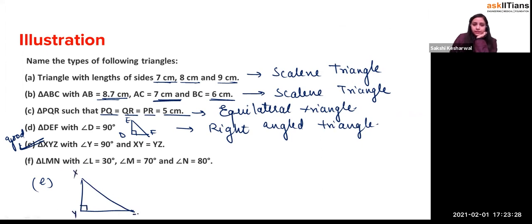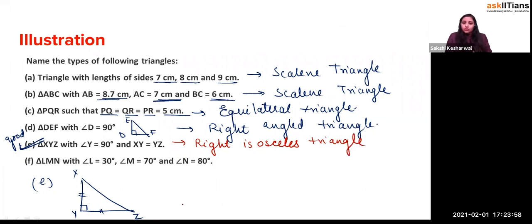This is X and this is Z. Now it says that XY is equal to YZ. We have learned that if two sides are equal, it is said to be an isosceles triangle. And when it is 90 degrees, we say this is a right angle triangle. So we combine both of them and we say this is a right isosceles triangle.